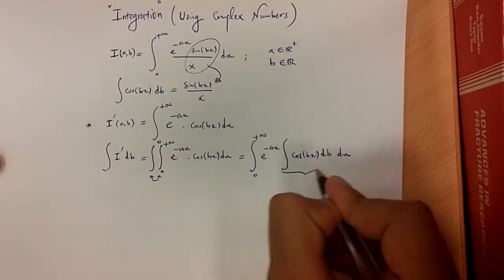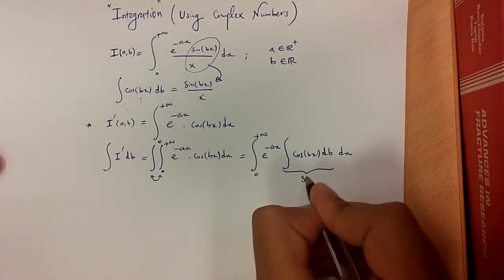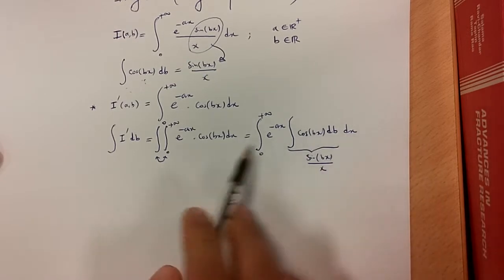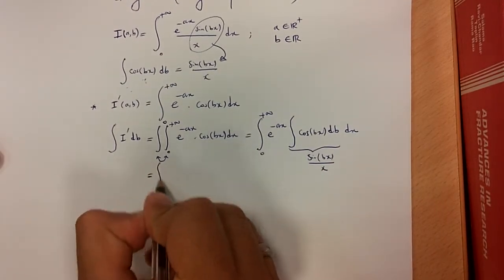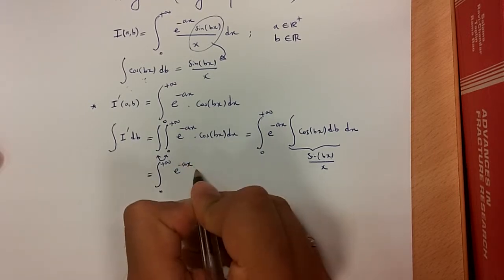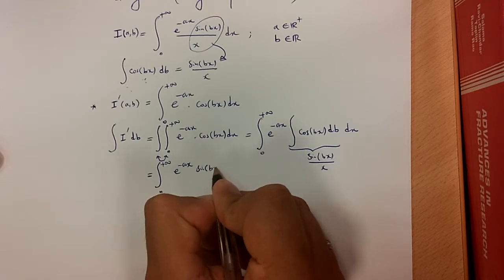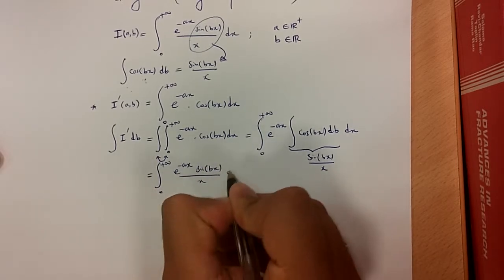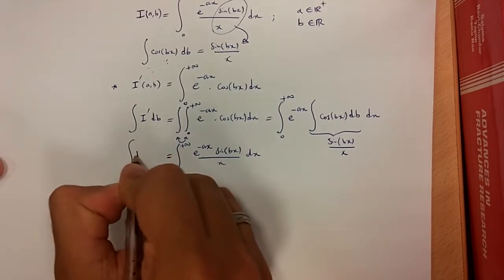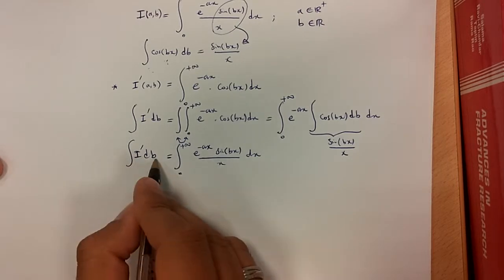This inner integral, as we have said, is sine of bx over x, and finally we have the integral from 0 to infinity of exponential of minus ax sine of bx over x dx, which is exactly the integral of I prime with respect to b.